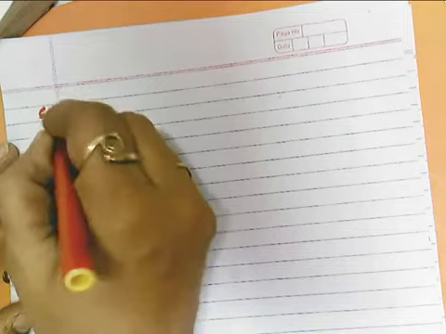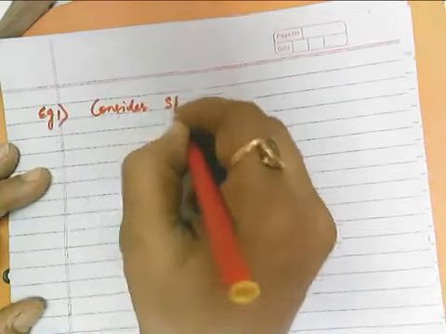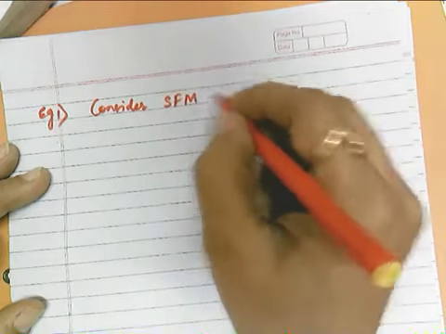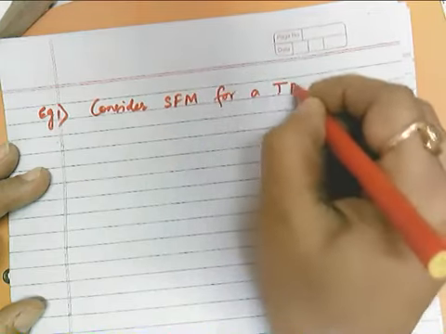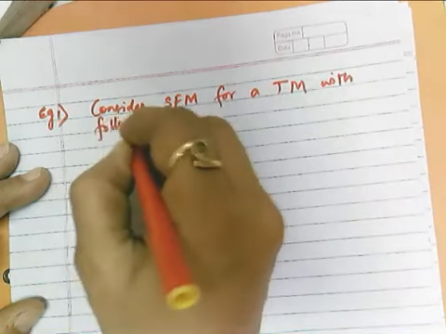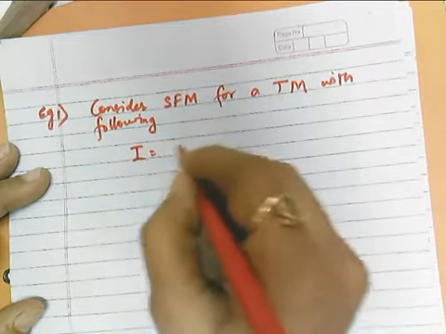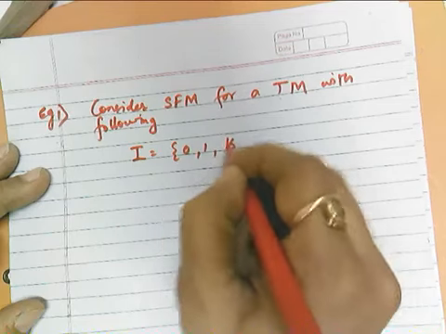So today we will be discussing the problem which will inform you of the purpose of a given Turing machine. So the problem is, note it down. Example 1: consider an SFM for a TM with the following: I is equal to 0, 1 and blank.